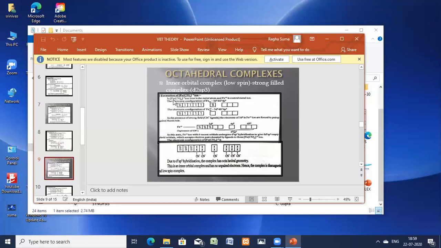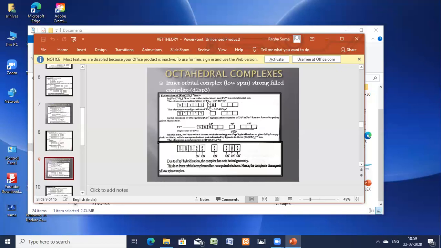How? x plus 6 into -1, the cyanide charge, is equal to -4. x minus 6 is equal to -4. x is equal to +6 minus 4. So it is +2. Therefore, iron, the central metal ion, is in the +2 state.